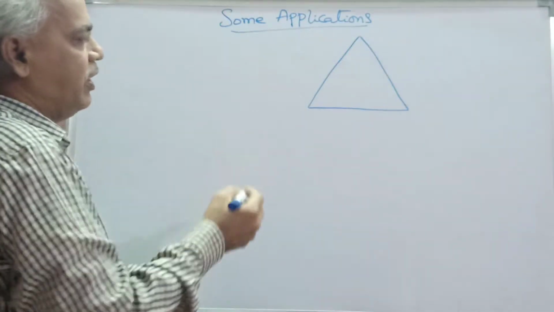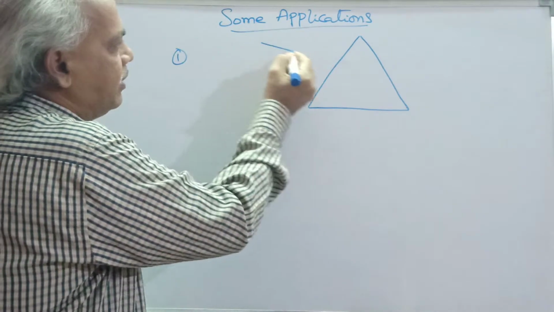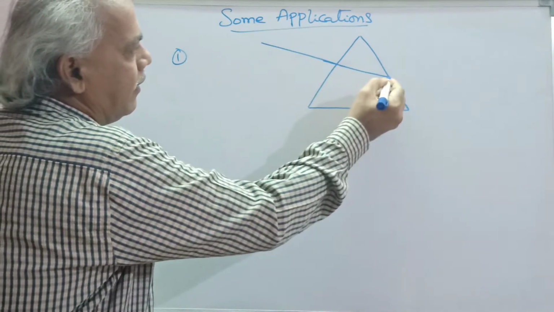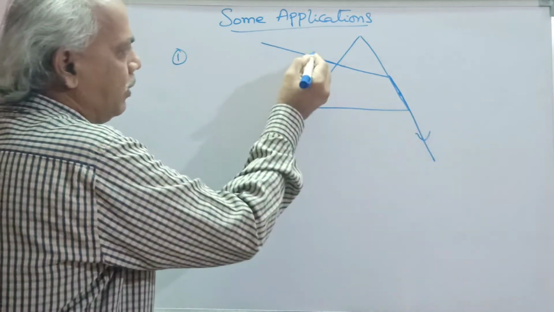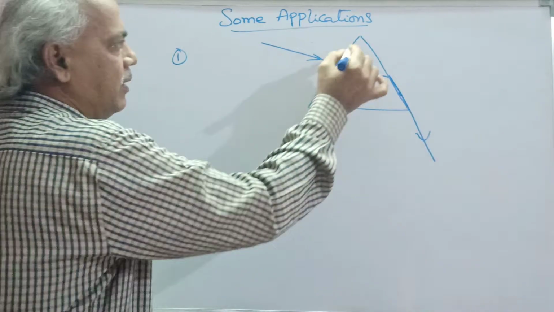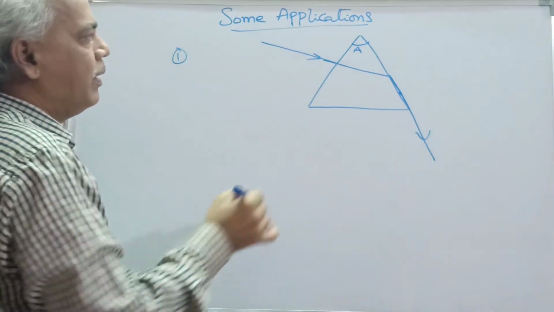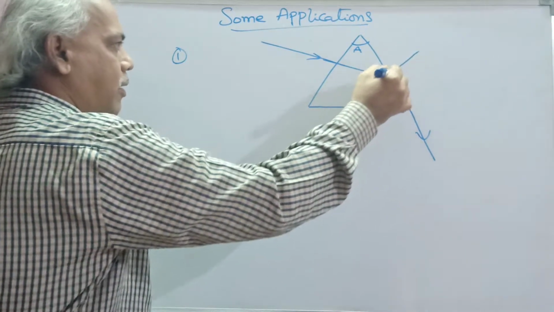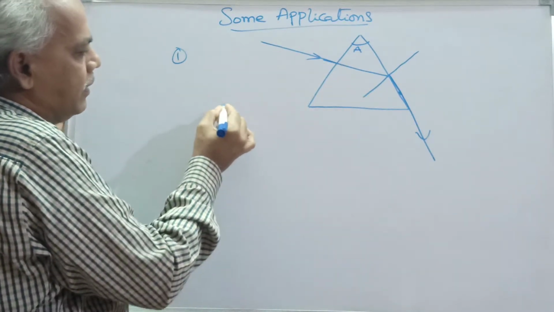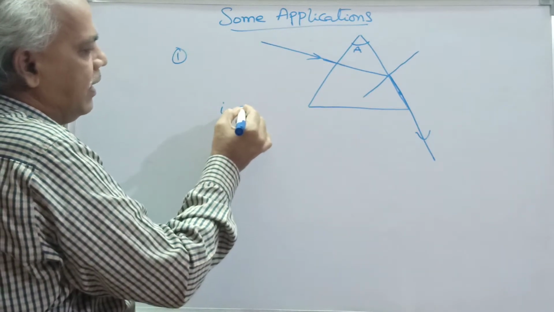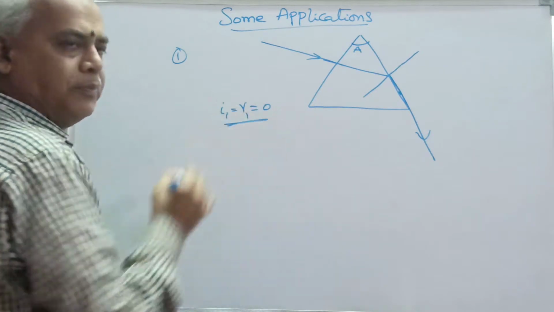Next, some applications. Number one, if normal incidence, then the emergent ray grazes the boundary. At what condition does this take place? Here A is the angle of the prism. When there is normal incidence, the angle of incidence and the angle of refraction R1 become 0.